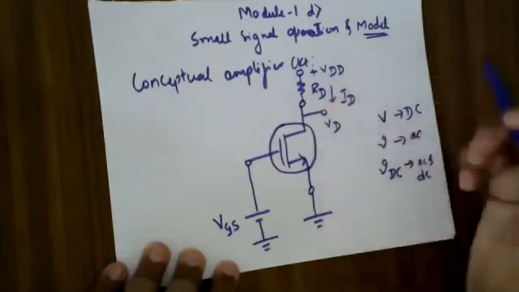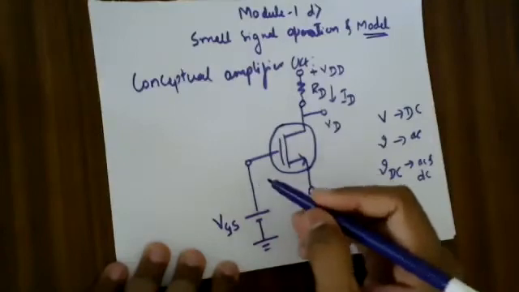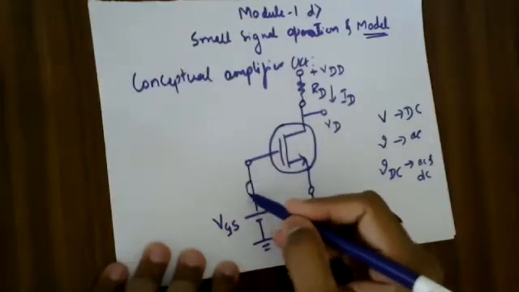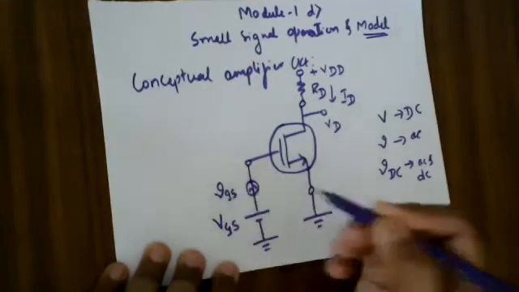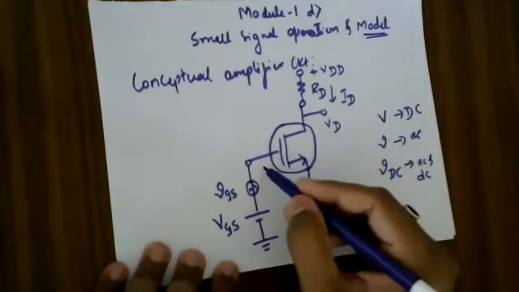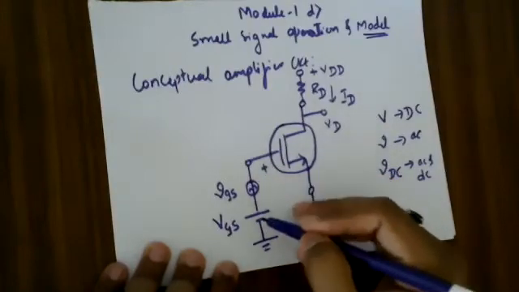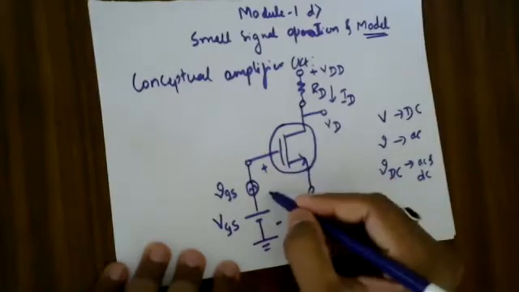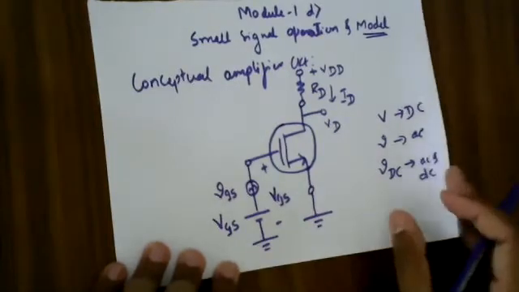Here I'll have my input signal, an input AC signal. The total voltage, positive to negative, is the AC signal superimposed on a DC signal, which I represent as vGS.